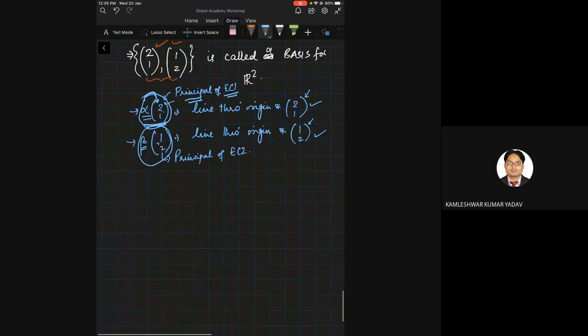And we say that the dimension of a vector space or a subspace, whatever I say about a vector space also holds good for a subspace, is equal to the number of vectors in the basis.